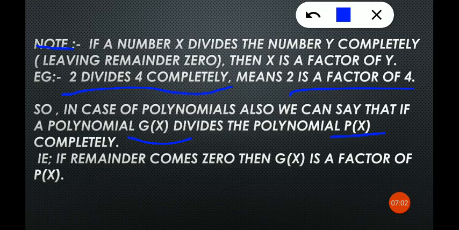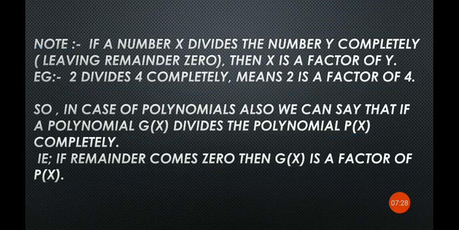But the same polynomial of degree 3 is smaller than a polynomial of degree 4, 5, like this. So if the remainder becomes 0, then the smaller polynomial will be a factor of the bigger polynomial. Understood?